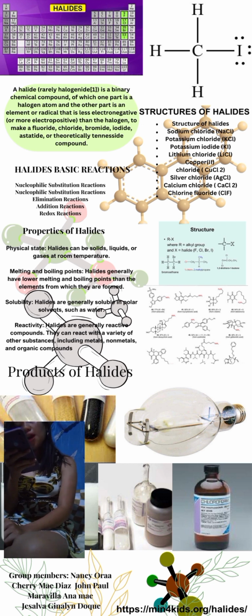Basic reaction of halides. Halide salts react with acids to form hydrogen halides, which are strong acids. The reaction between a halide salt and an acid is an exothermic reaction, meaning it releases energy in the form of heat. Explain the some basic reactions of halides.